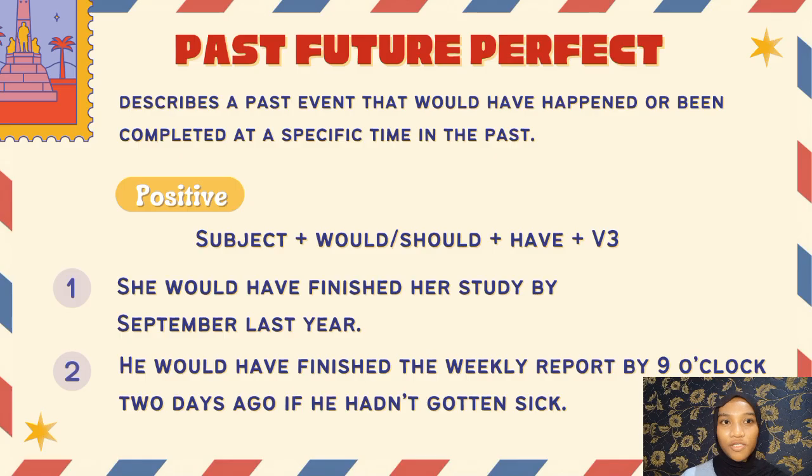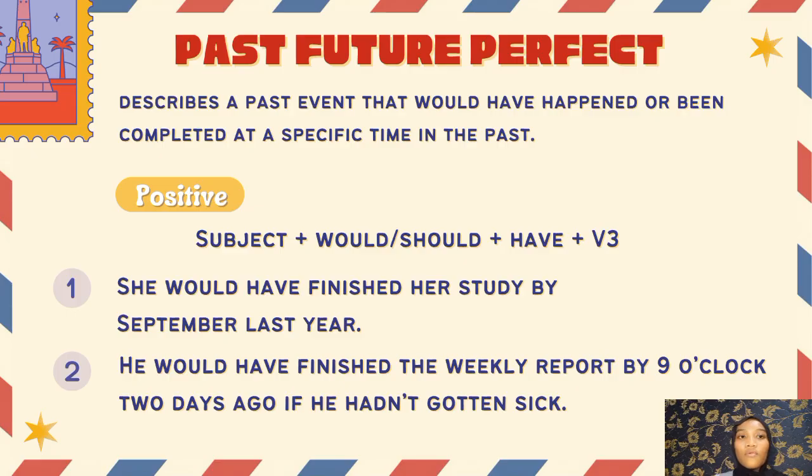The past future perfect tense is used to describe an action that would have been completed at a specific time in the past. For the positive forms, the formula is subject, would or should, have, and verb 3.